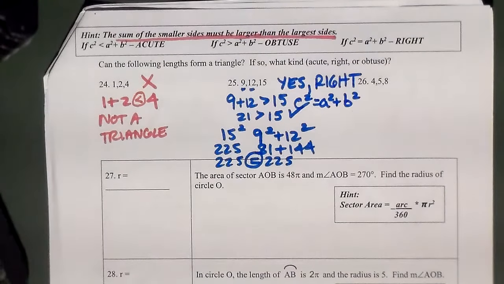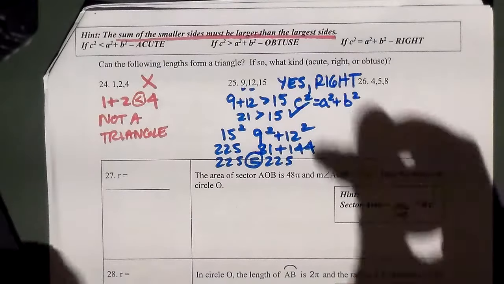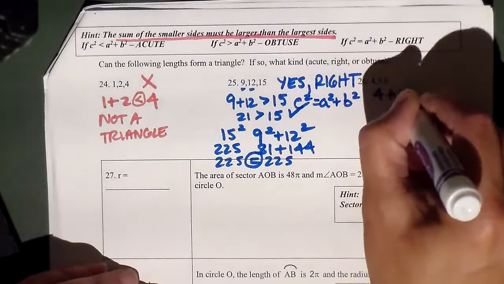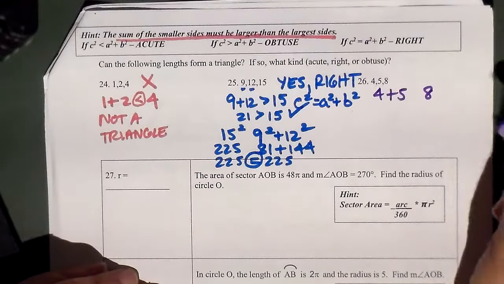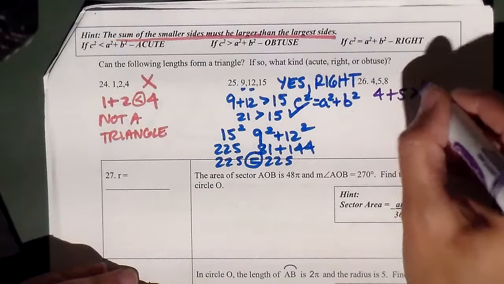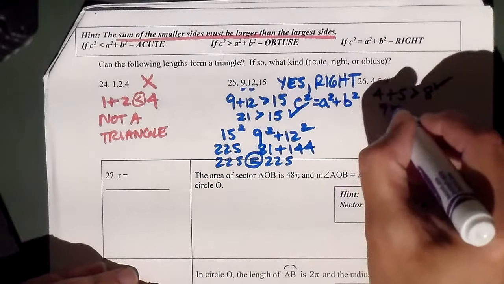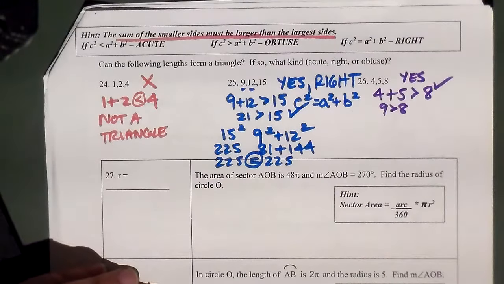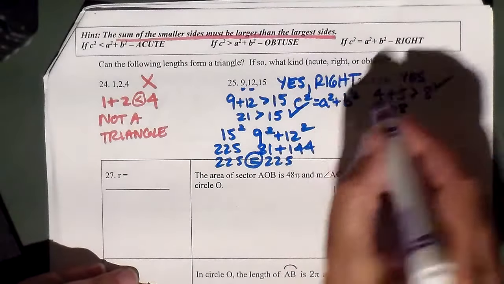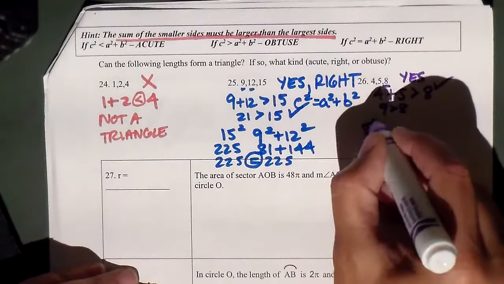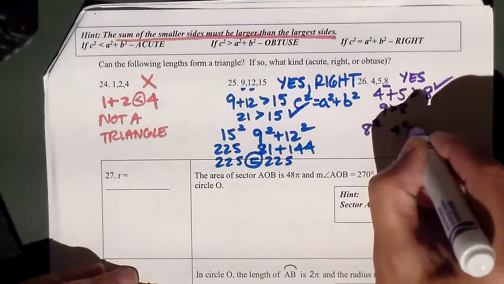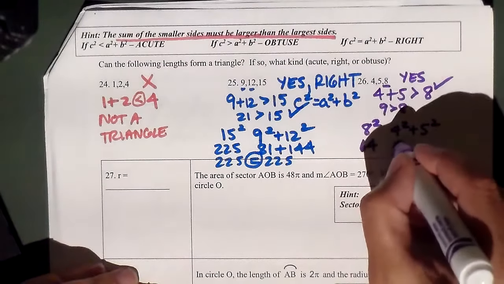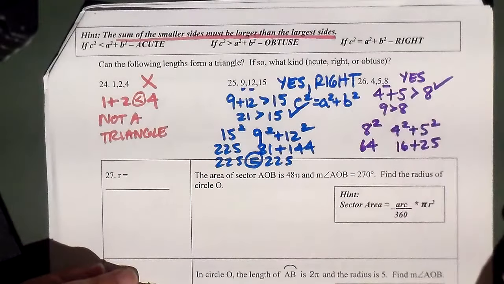On the last one, we have 4, 5, and 8. So let's see if it's a triangle first. Is 4 plus 5 larger than 8? And the answer is yes. 9 is greater than 8. So yes, this is a triangle. So let's figure out what kind. So I'm going to compare c squared, which is 8 squared, to 4 squared plus 5 squared. 8 squared is 64, and then I've got 16 plus 25.